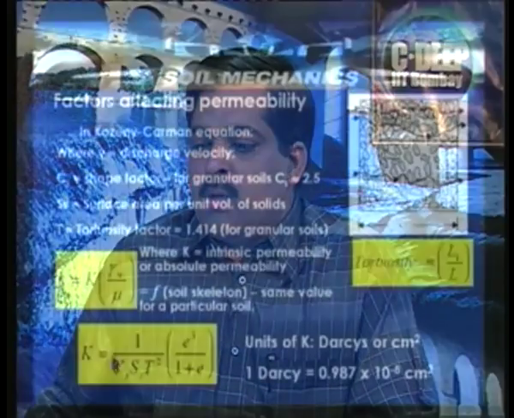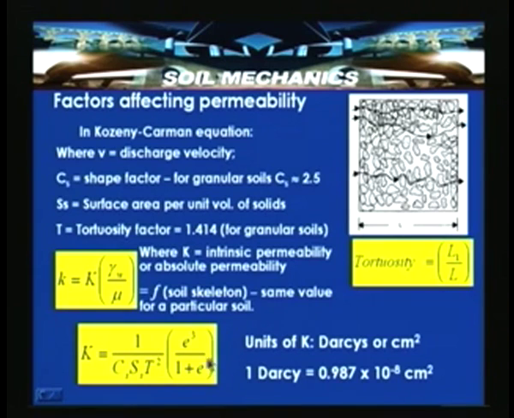And in the absolute permeability value, any change in void ratio, tortuosity, specific surface area and shape factor are included. So, that is how this takes care of the soil skeleton properties.